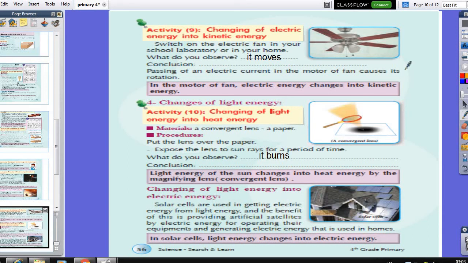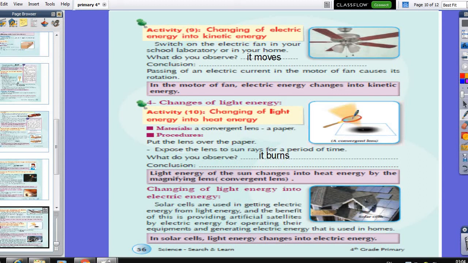So from the solar energy we can obtain heat energy, and we can use this phenomenon or idea in making a device called solar heaters. So solar heaters use the light energy from the sun, or the solar energy, and convert it into heat energy.